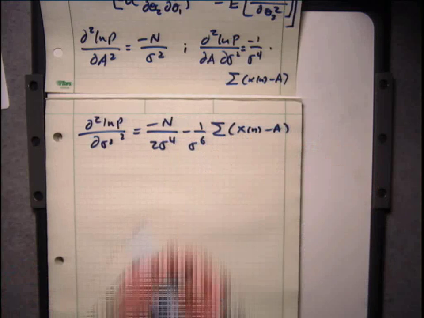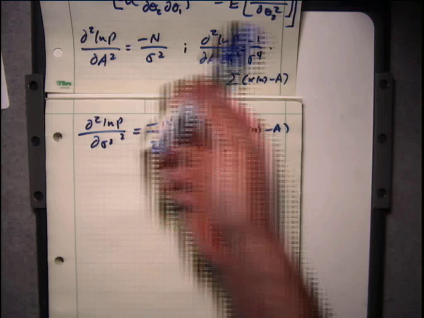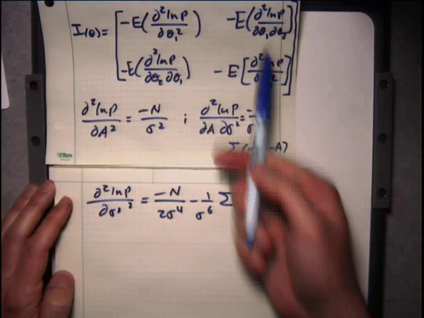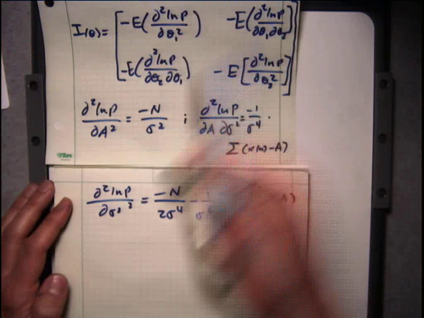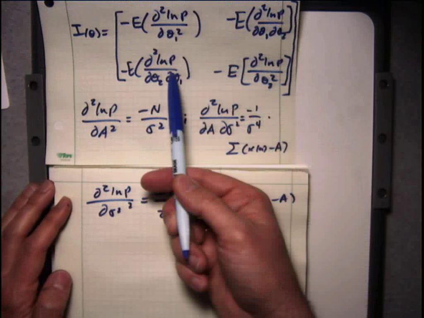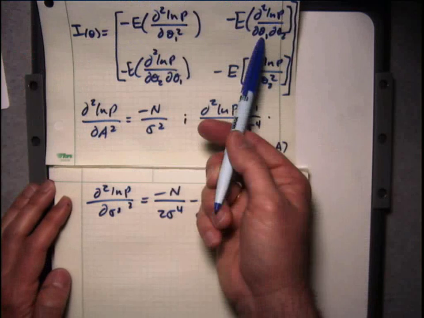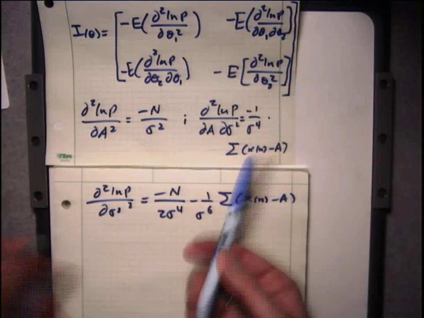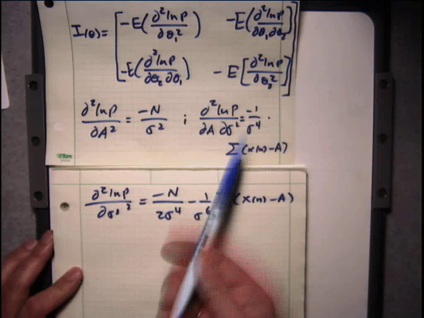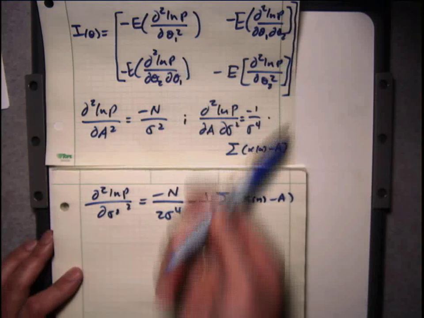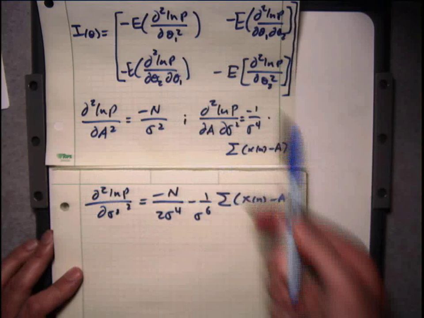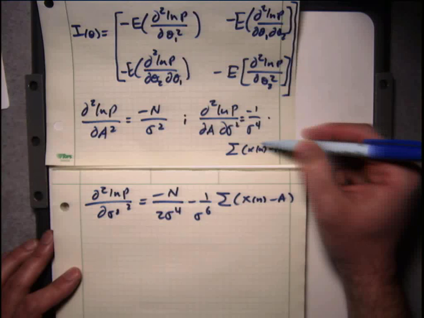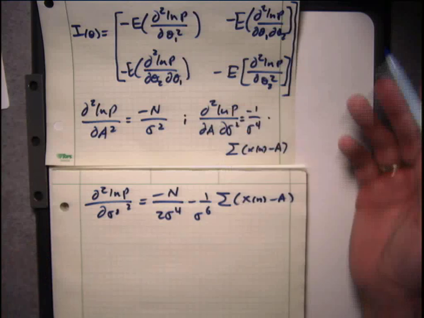By the way, this matrix is symmetric, so even though I wrote these differently, the two off-diagonal terms are exactly the same. It doesn't make any difference. Now we have to take expected values of all of these terms. If you take the expected value of the off-diagonal term, you immediately see that it's 0, so this whole thing goes away.